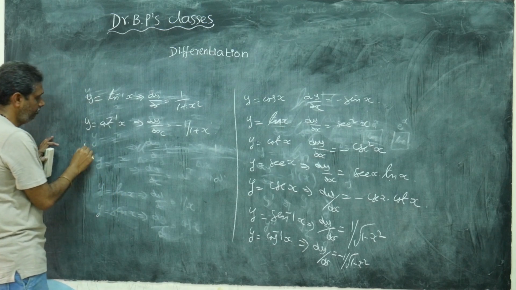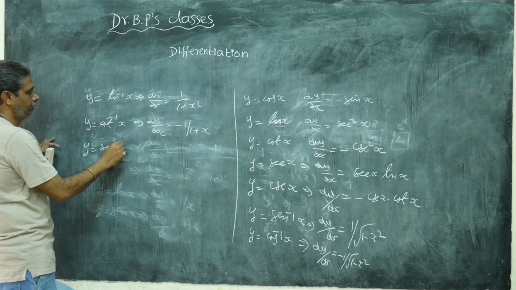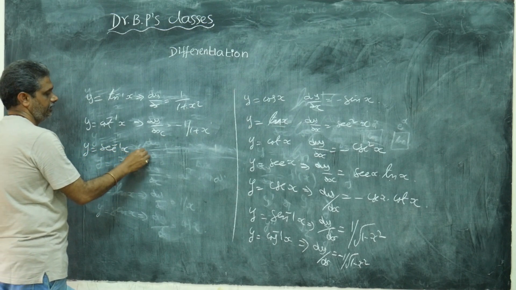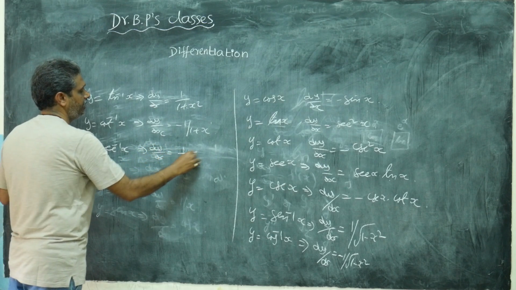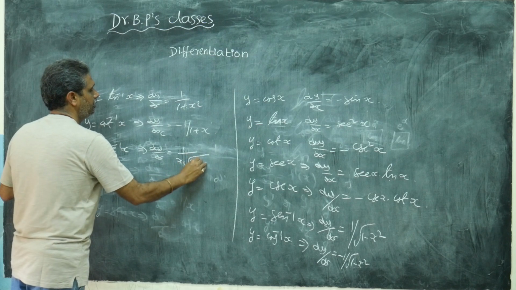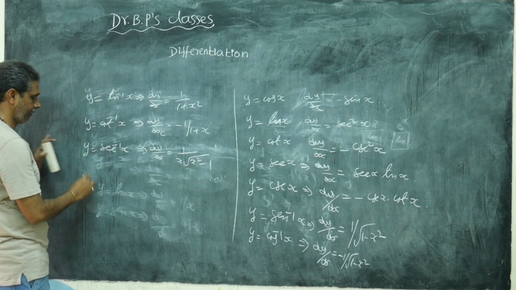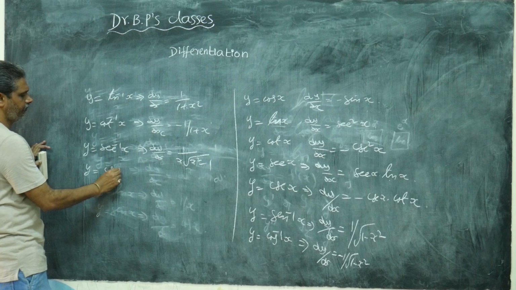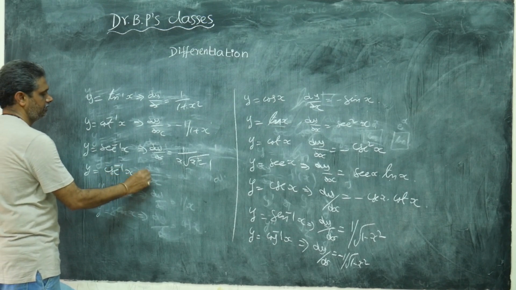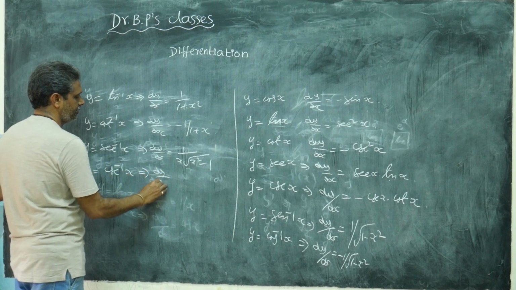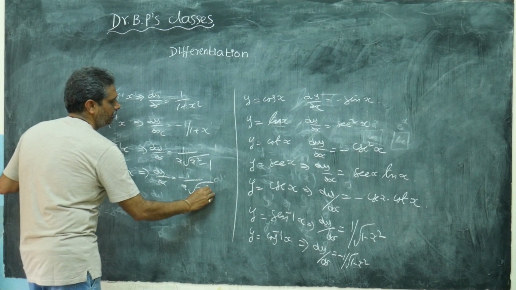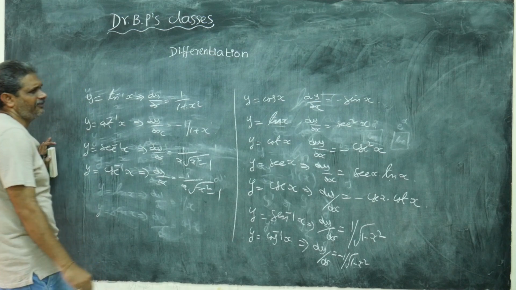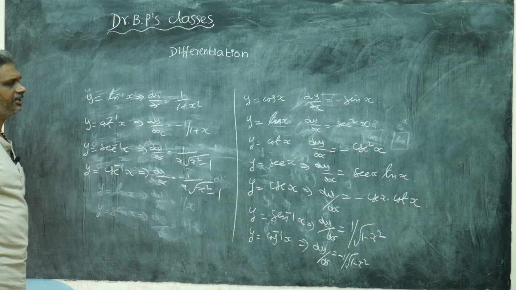Similarly we have y is equal to secant inverse x, dy by dx is 1 by x into root of x square minus 1. Then y is equal to cosecant inverse x, dy by dx is equal to minus 1 by x into root of x square minus 1. Similarly hyperbolic functions are there, I don't want to give now, later I will give.